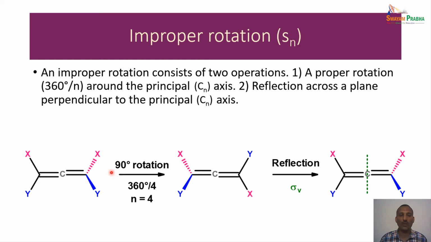In this allene molecule, first we do a 90-degree rotation, that is the principal axis is 4, n is equal to 4, which on rotation produces this particular representation, which on reflection across a sigma V plane produces this one, which is identical to the starting one. So we say allene with these X and Y groups has an improper rotation, and here the n axis is 4, so it has an S4 axis.